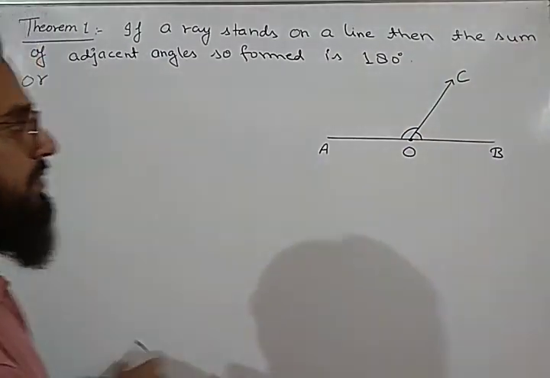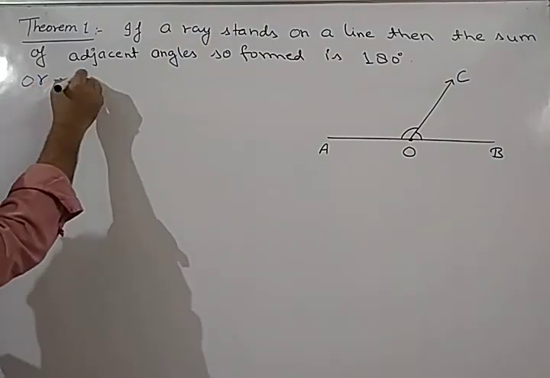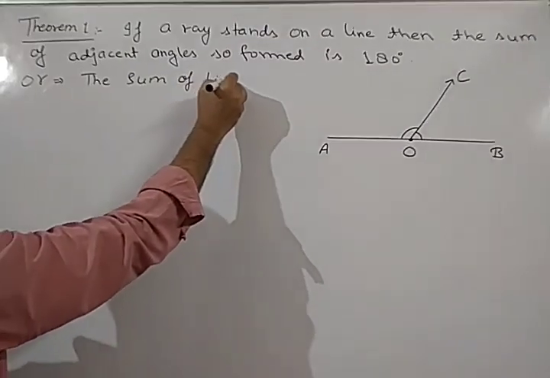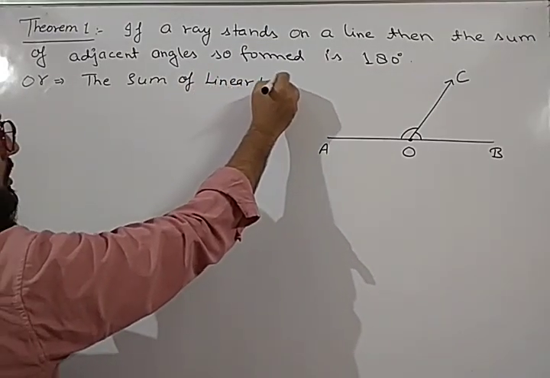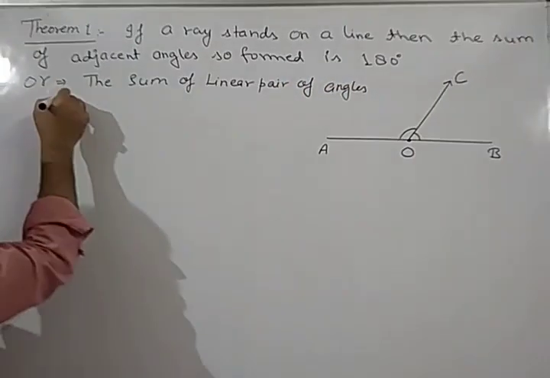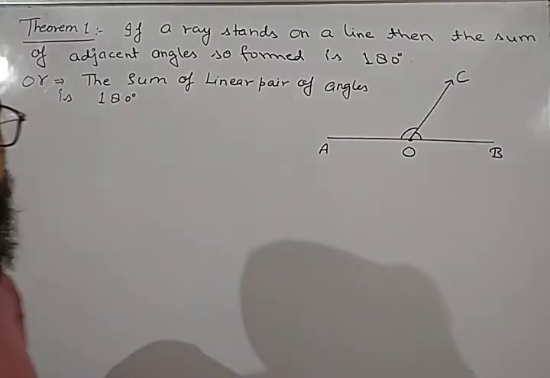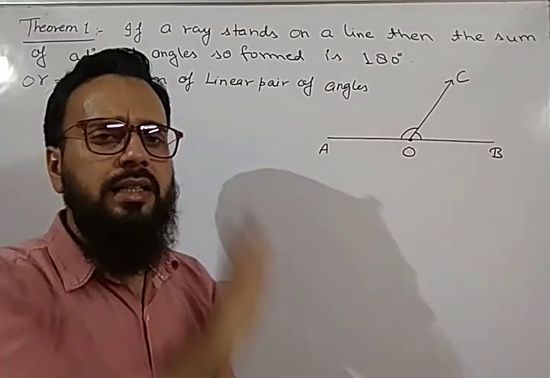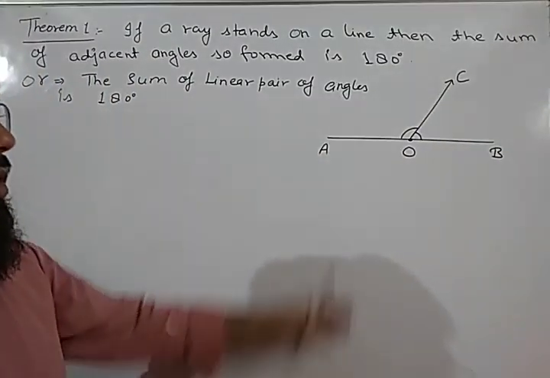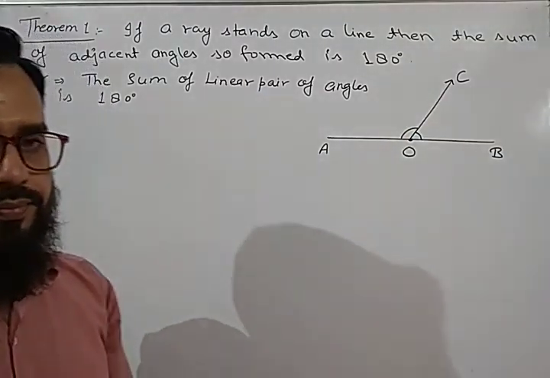So the other statement we can write as, the sum of linear pair of angles is 180 degree. And you all know, you have studied it in class 8 also, the sum of linear pair of angles is 180 degree, or the sum of adjacent angles on a straight line is always 180 degree.